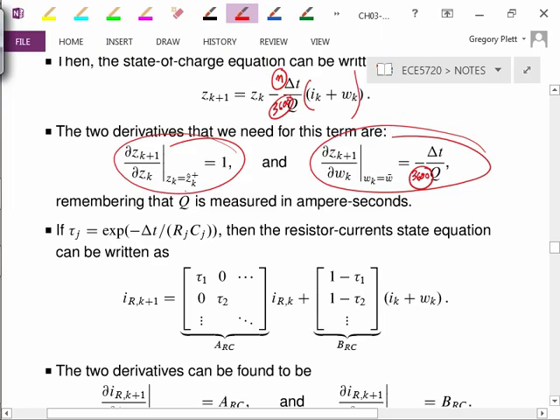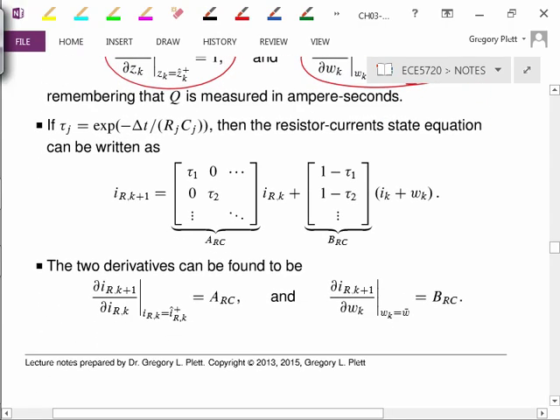We start looking at the diffusion equation. First let's talk about the time constant tau j being e to the minus delta t over rj cj, which is the time constant of that particular diffusion mode.